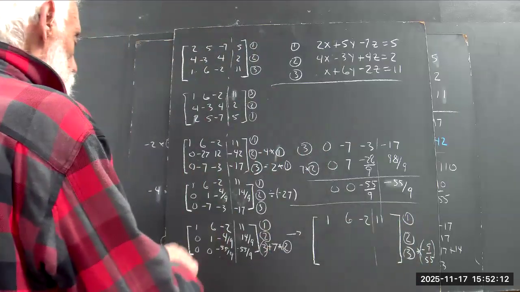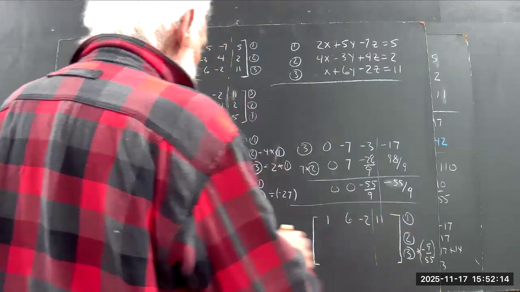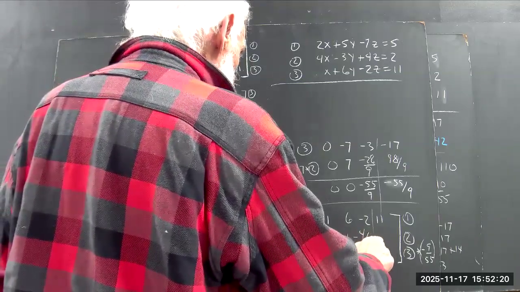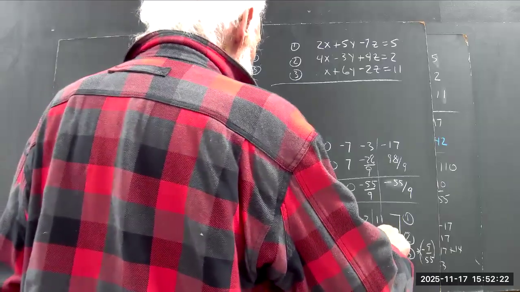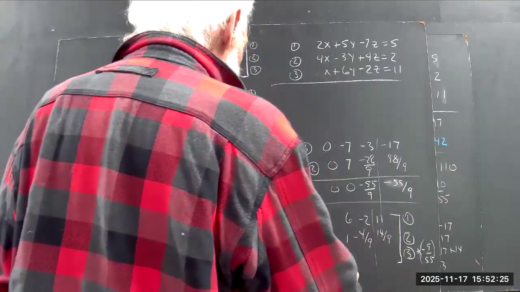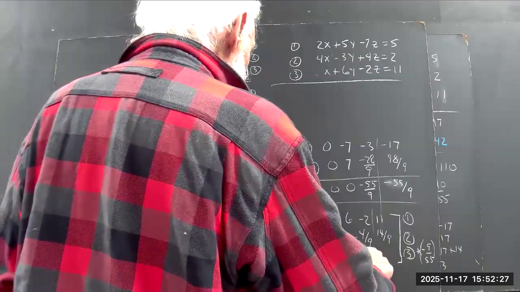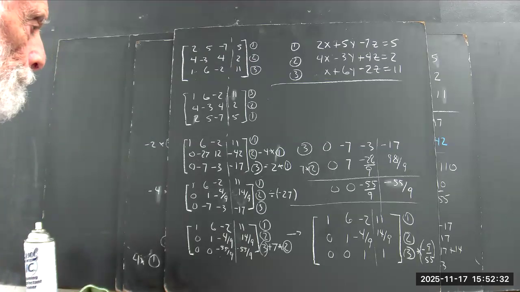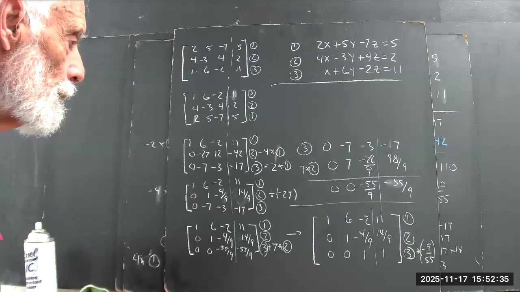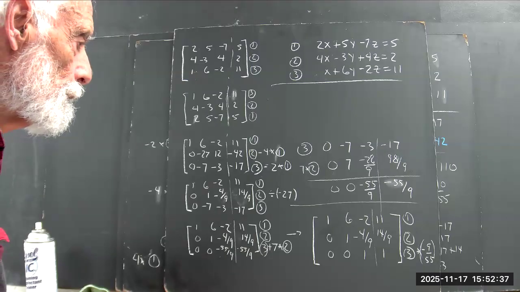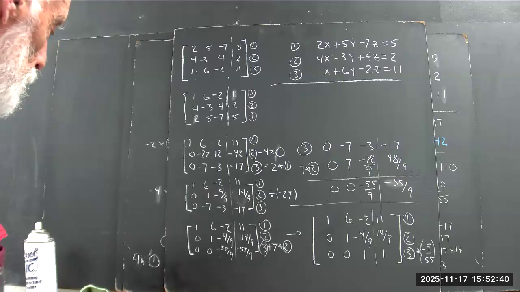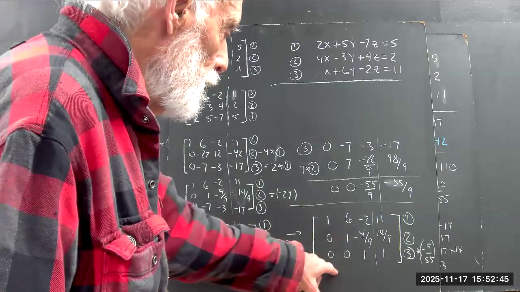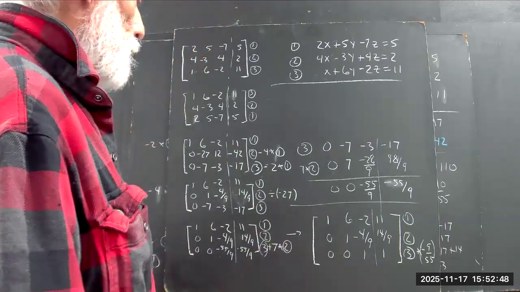So row 1 is the same as before. Second row is the same as before. Third row is 0, 0, 1, 1. This matrix is what we call an upper triangular matrix.